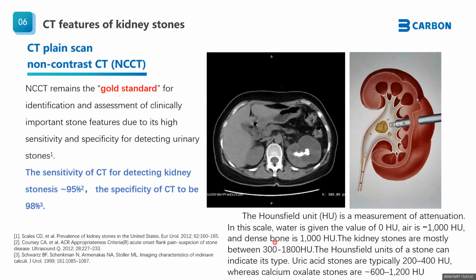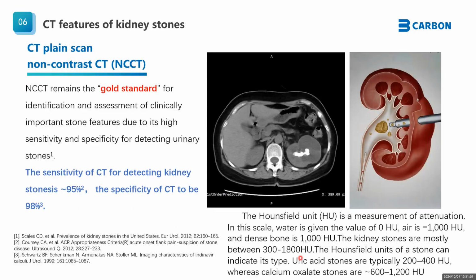And the dense bone is 1000 HU. It means the bone and the stone may be similar. And then higher than 1000 HU, the stone is very, very firm. It's very hard to break down. And then normally the stone is 300 to 1800 HU. Okay, the higher the number, the harder the stone is to break down.